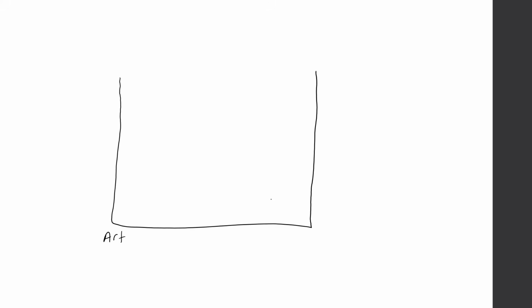Okay, so here I'm going to redraw that graph as best I can, since I don't have a grid here. So bear with me. This is the arterial end, and this is the venule side. Again, remember, the blood is flowing in that direction.